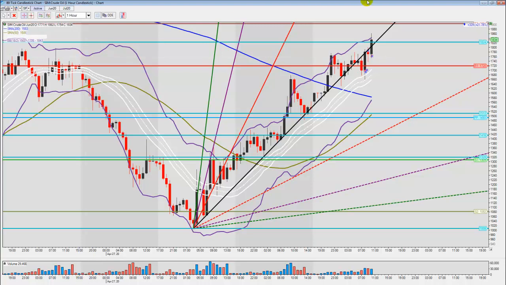So the hourly chart's able to move over the 200 bar on the dailies.